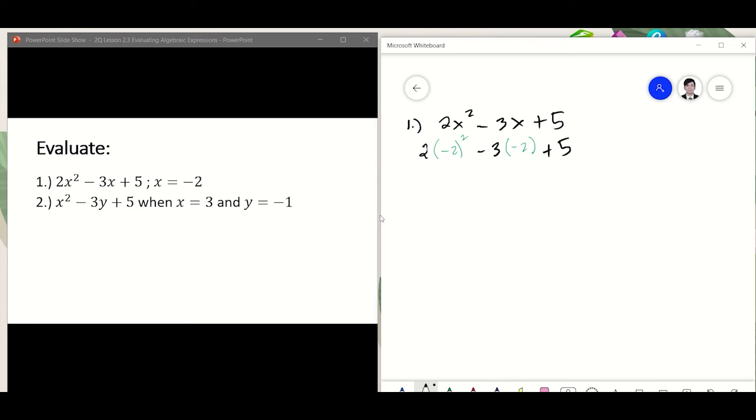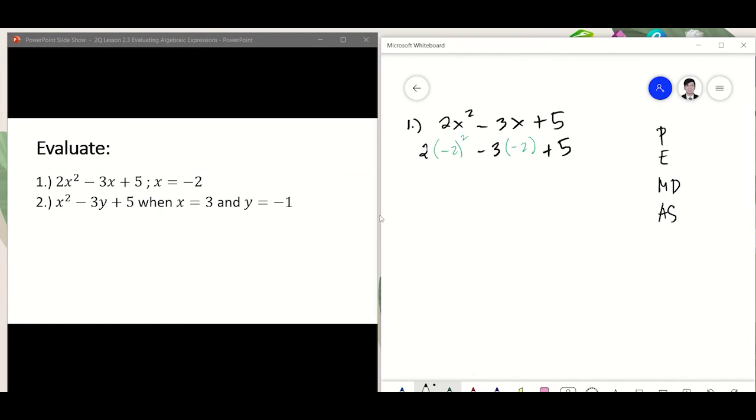Then what do we do right now? So we follow PEMDAS. When we follow PEMDAS, it's parenthesis, exponent, multiplication and division from left to right, and then addition and subtraction from left to right.